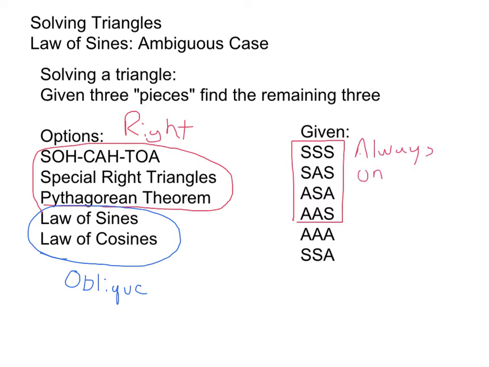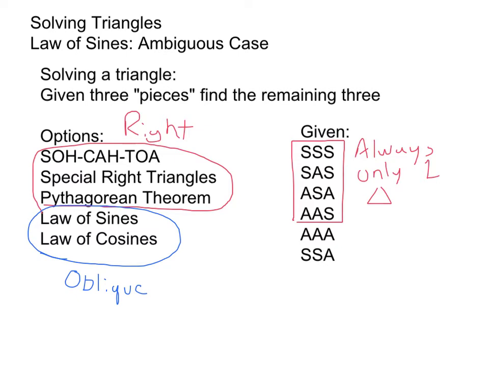That's why those work in geometry to prove that two triangles are congruent, because given some combination of these three pieces, there's always only one possible triangle.